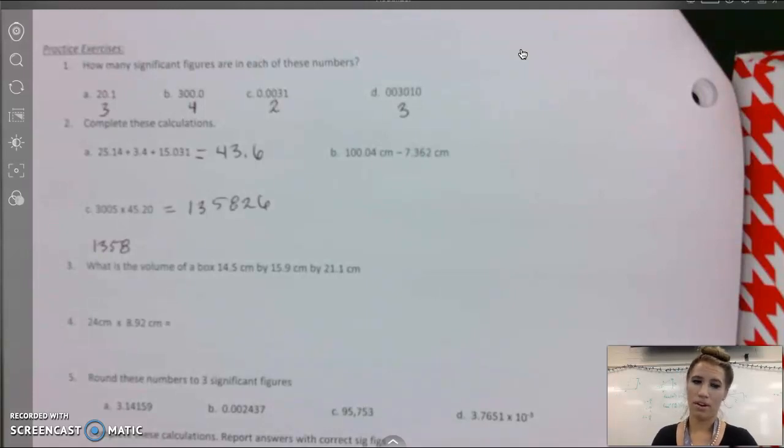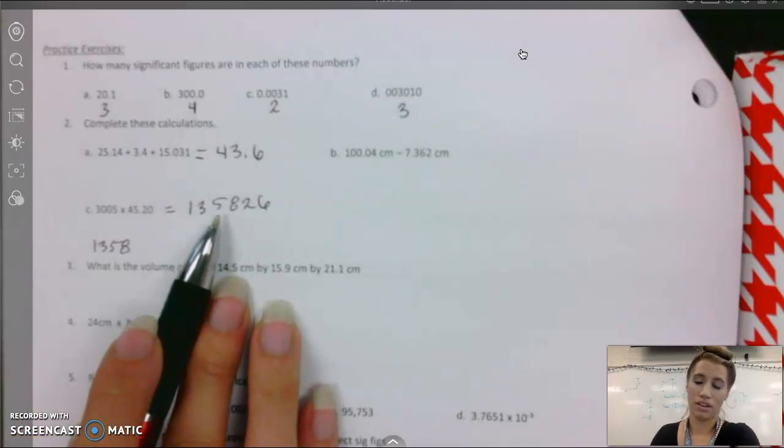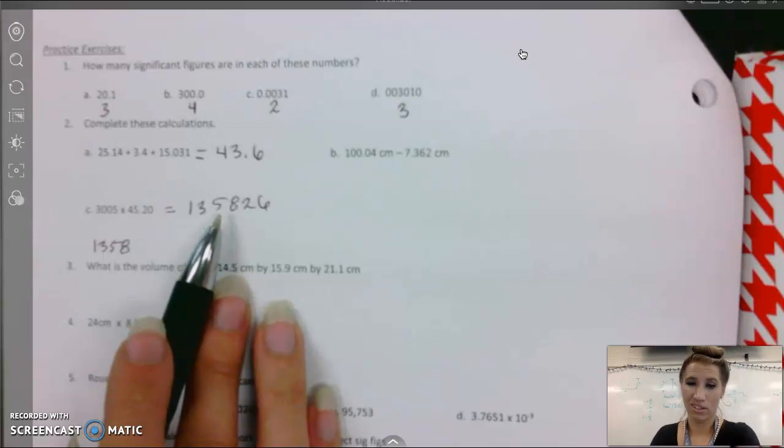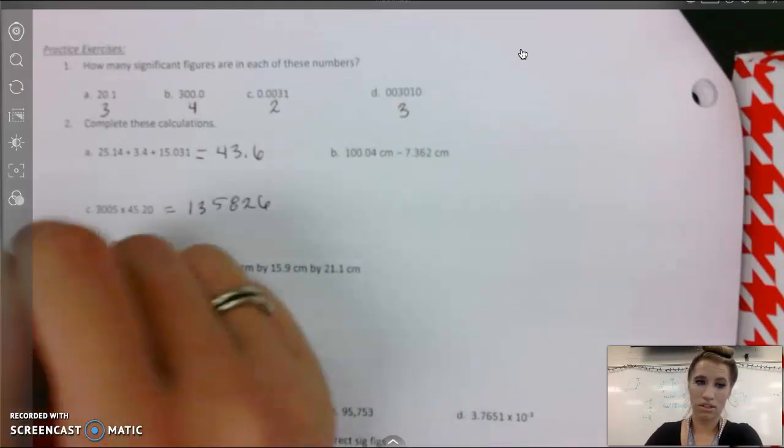But do you see how 1,300 is very different than 135,000? And so we can't lose track of the number that it is. So let's add some zeros to this. Okay?